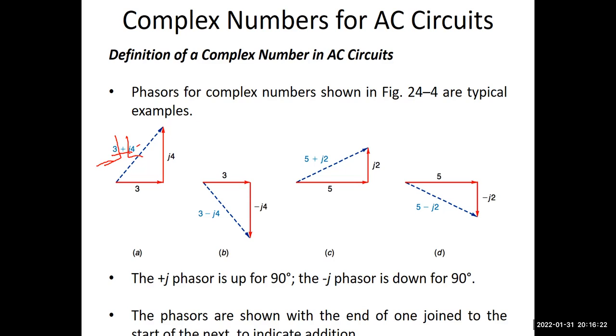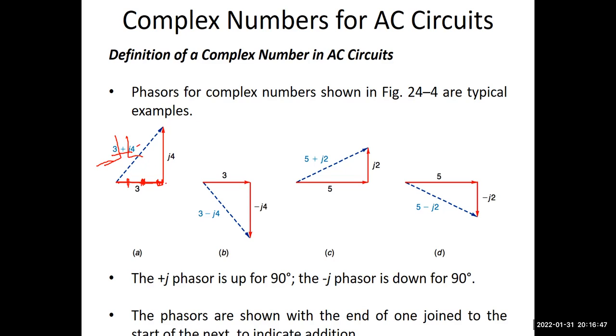So how do we do that? We do the vector analysis wherein 3 would be in the real part. So 3 units in the real axis, di ba? Yung ating horizontal, yun yung ating real axis.